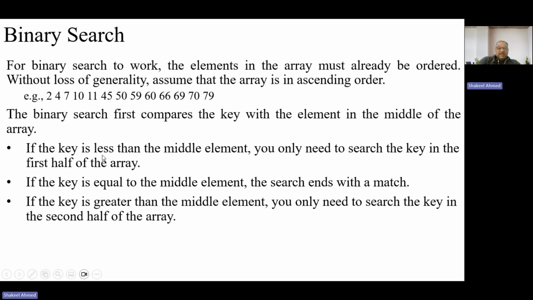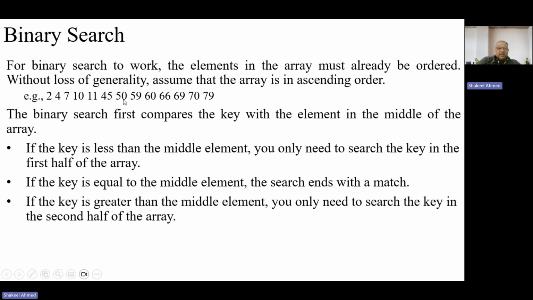If the key is less than the middle element, you only need to search the key in the first half of the array. Say, for example, how many elements do we have here? 1, 2, 3, 4, 5, 6, 7, 8, 9, 10, 11, 12, 13. So it will divide this into 6 and 6, and we have a middle element: 1, 2, 3, 4, 5, 6, and this one is the middle element. So we have 50.